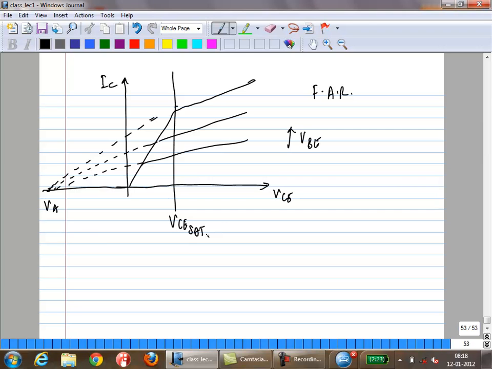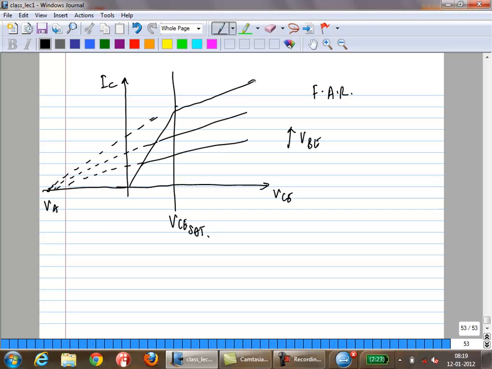The region to the right of VCE sat is where you actually want to use the transistor. And in the analog region, the collector current is a weak function of your collector emitter voltage. And if you extrapolate all the curves, they all meet at one single point, which is VA, or the early voltage. So there is something called the early effect.